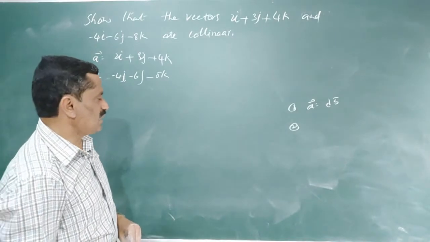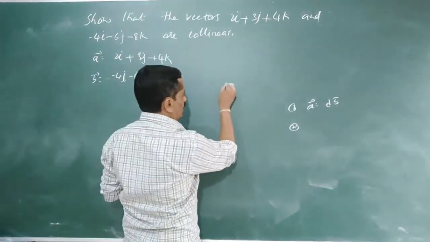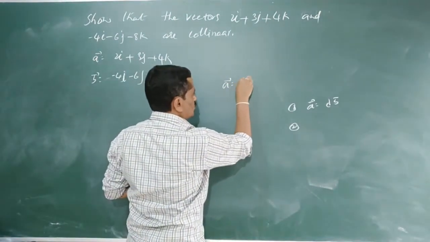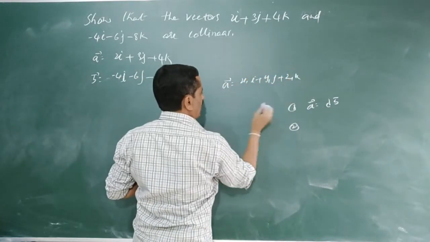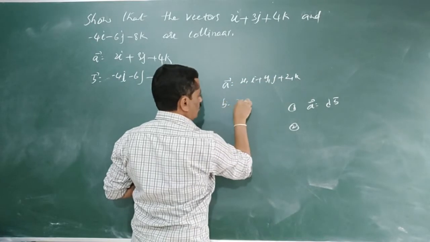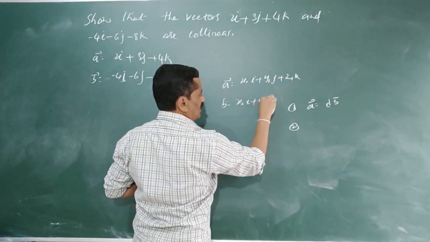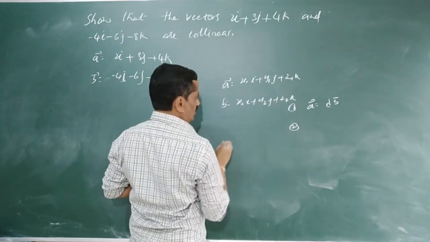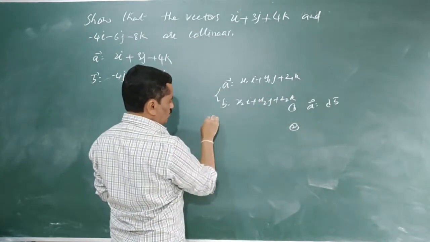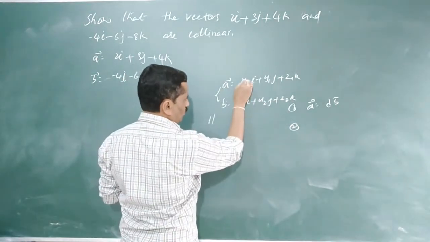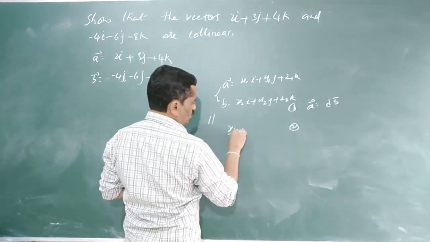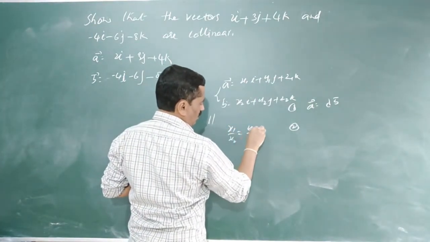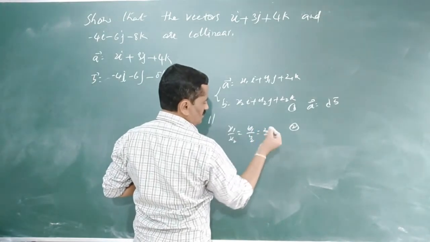So already given if A bar is equal to x1i plus y1j plus z1k and B bar is equal to x2i plus y2j plus z2k, then these two vectors are said to be collinear or parallel if and only if their corresponding components are proportional, that is x1 by x2 is equal to y1 by y2 is equal to z1 by z2.